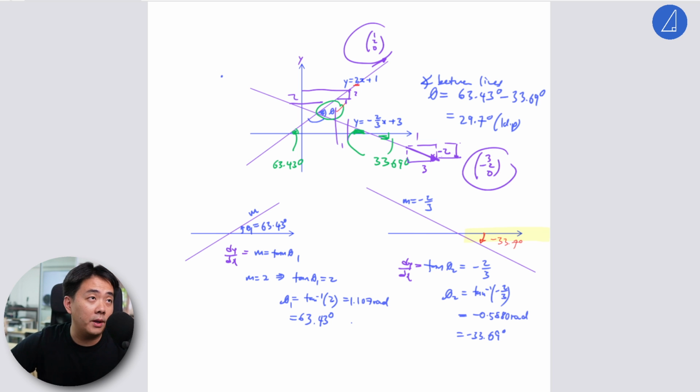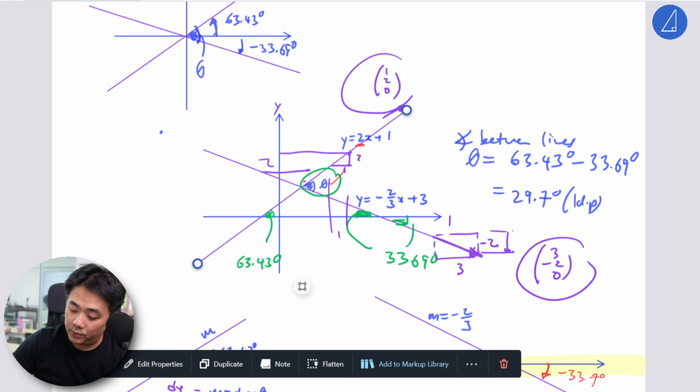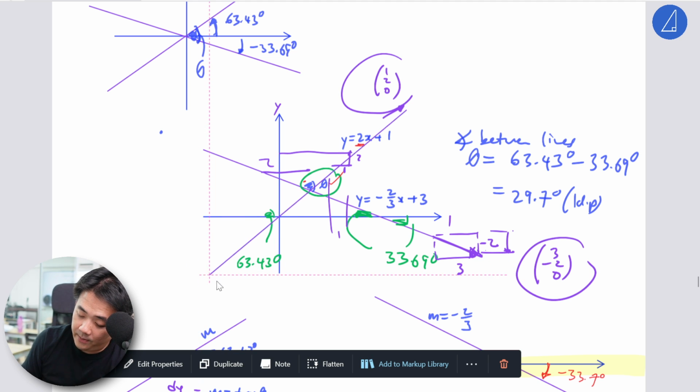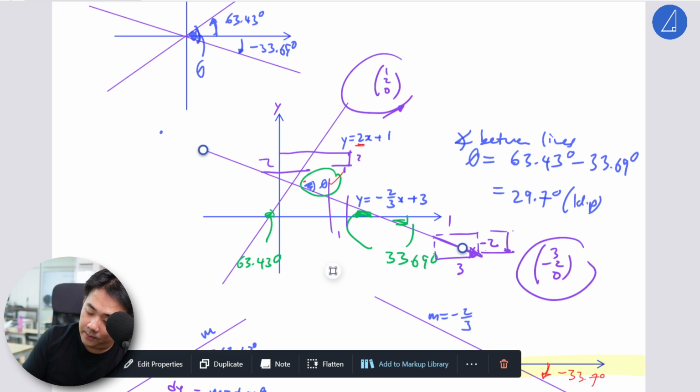I've written down in my past scribble MF27. Because my diagram is wrong, sorry. My diagram should show the obtuse angle here.